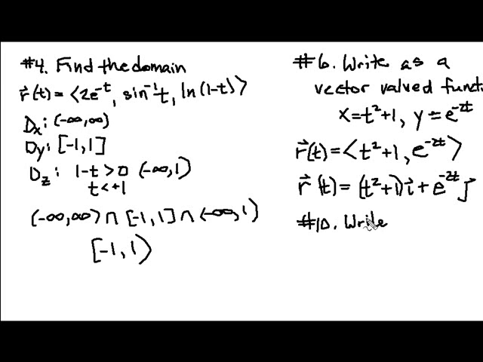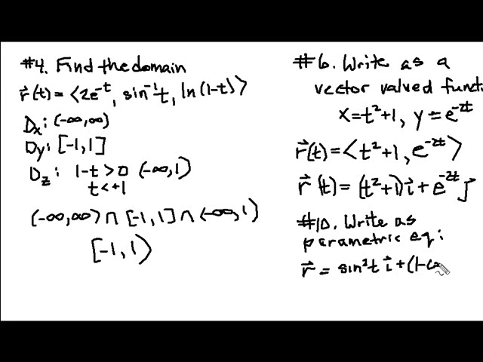So we're going to write as parametric equations, and we're given the vector-valued function r equals sine squared t i plus the quantity 1 minus cosine squared t j.